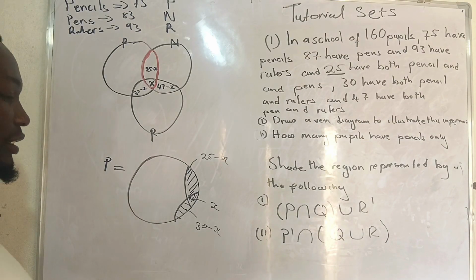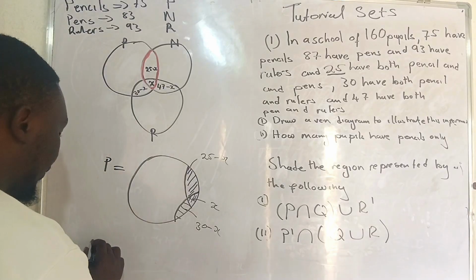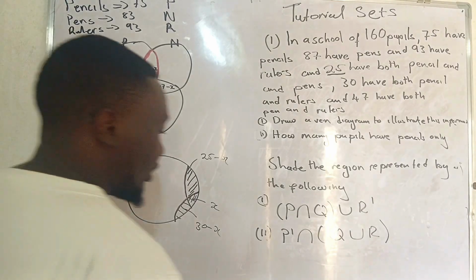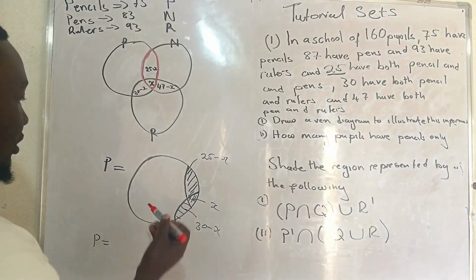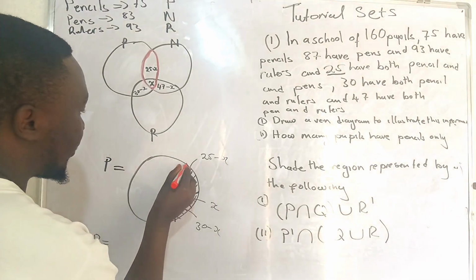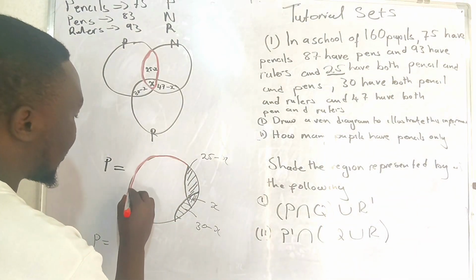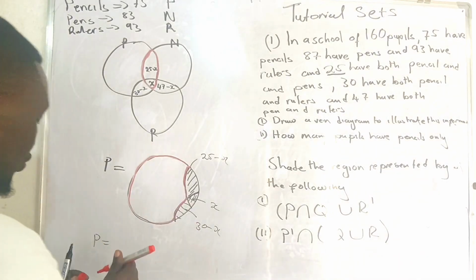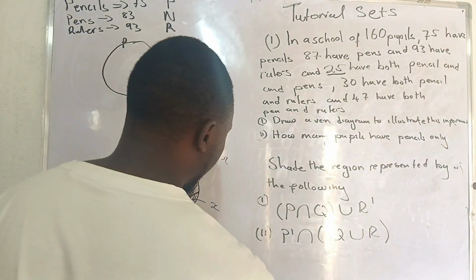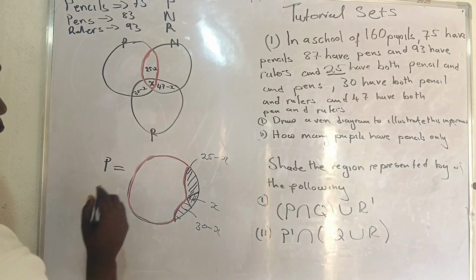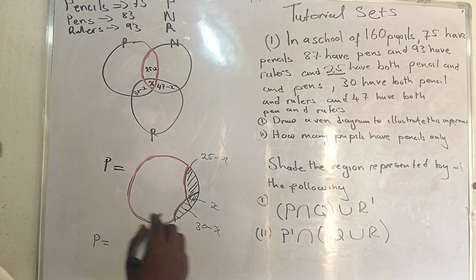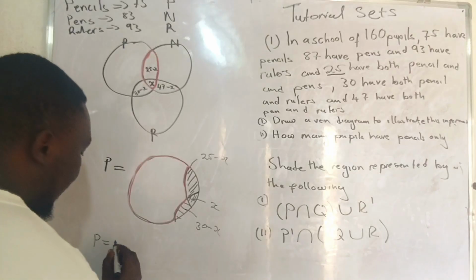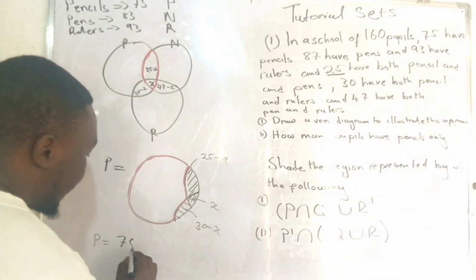So let's calculate. We want to remain with this region alone, so let's mark it with a red pen. We need to remove those interlocking regions. The entire region of P, which is pencil, is a total of 75.